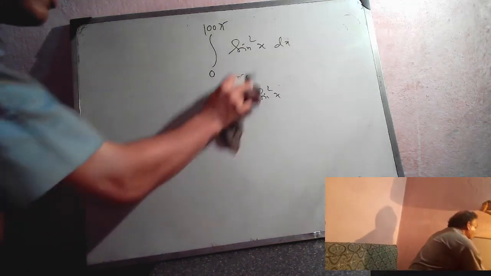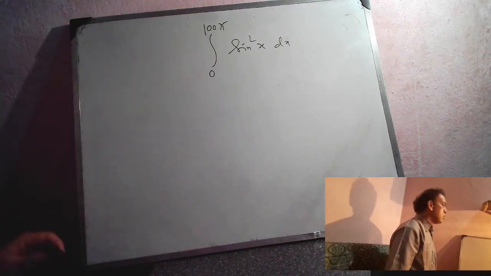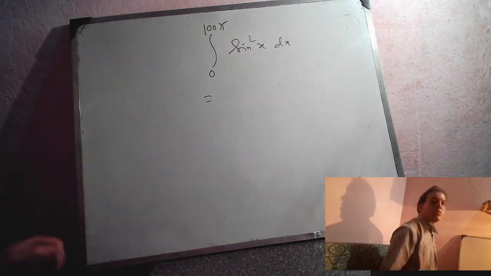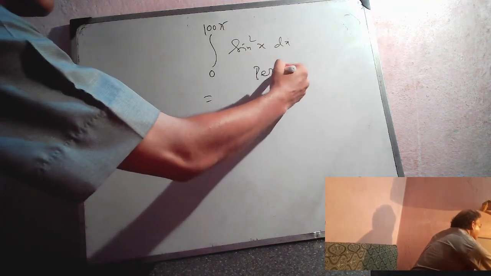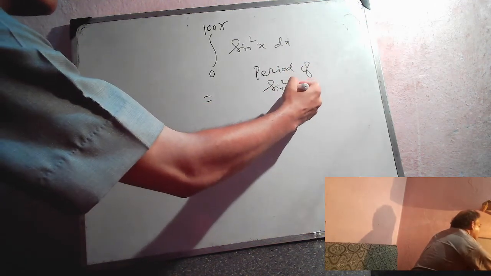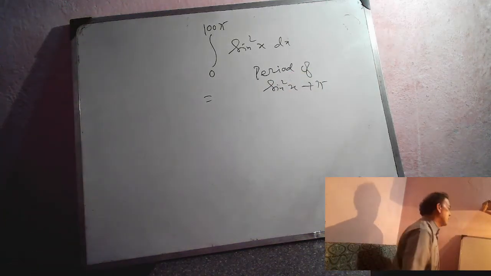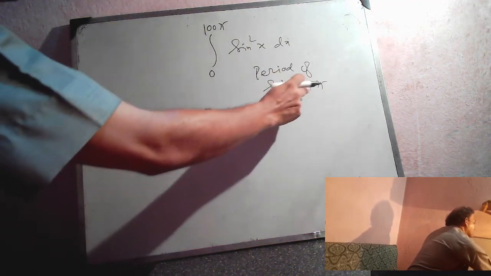But we can reduce it into 0 to pi by 2. How? What is the period of sin square x? Period of sin square x is pi, but period of sin x is 2 pi.